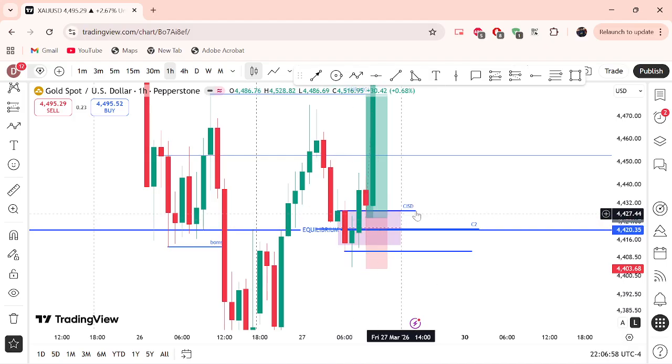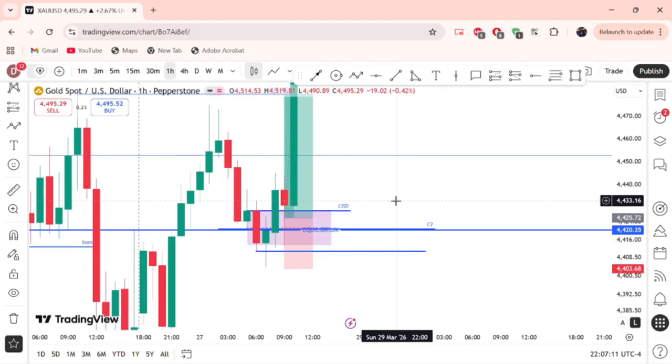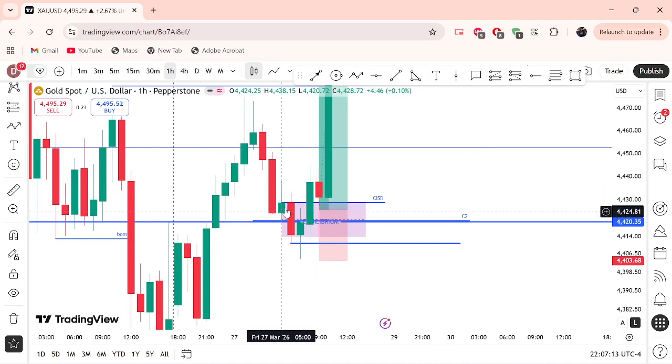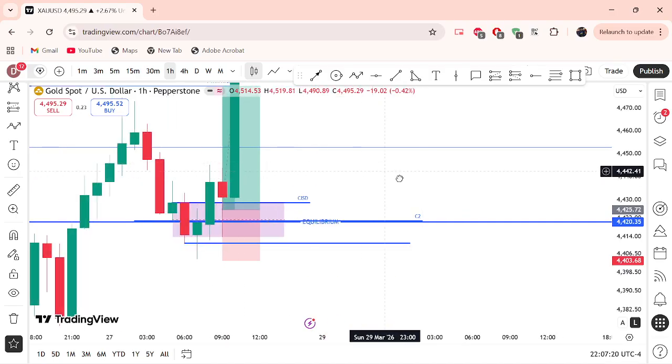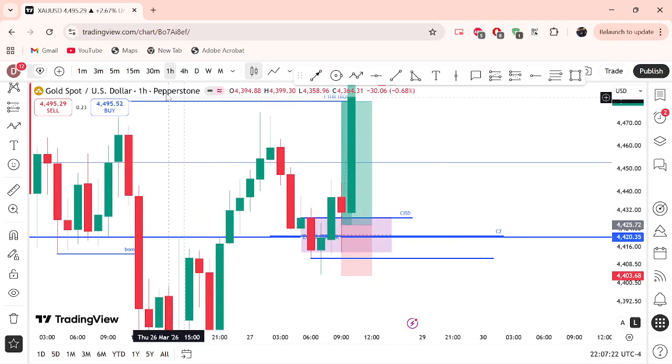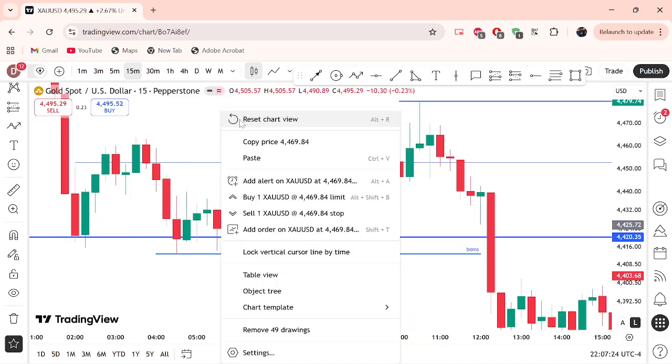I was telling you, in a bearish market we expect these bearish order blocks to hold the market to go down. But at this time it did not hold. So I took the trade when it came to test this order block.